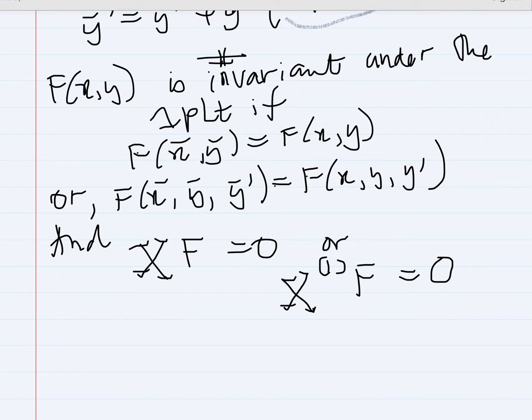In the case of differential equations, if a differential equation is invariant under a one parameter Lie group of transformation, again look at the previous chapters, then this condition had to be satisfied and the differential equation itself had to be satisfied. So just recall that here it is just a function that is invariant under a one parameter Lie group of transformation.